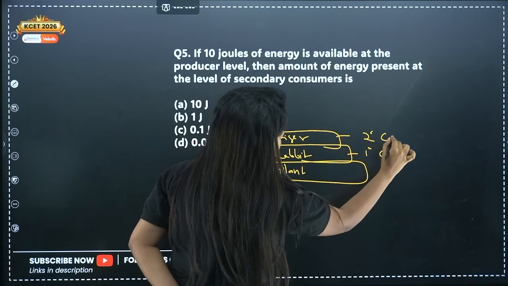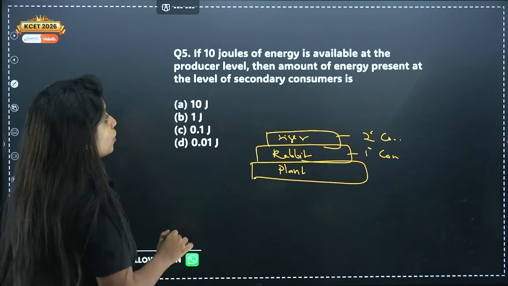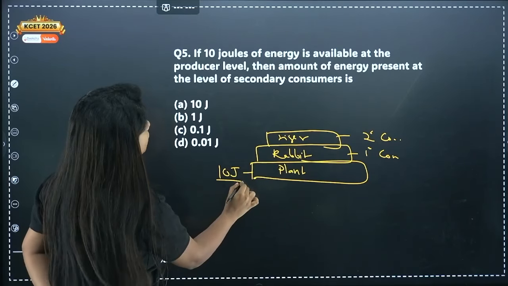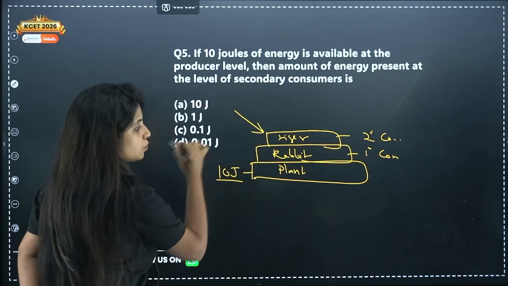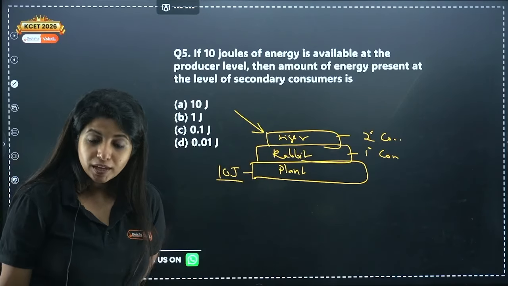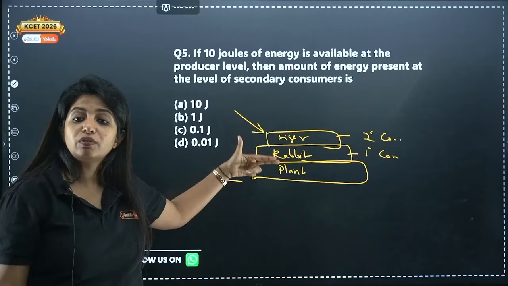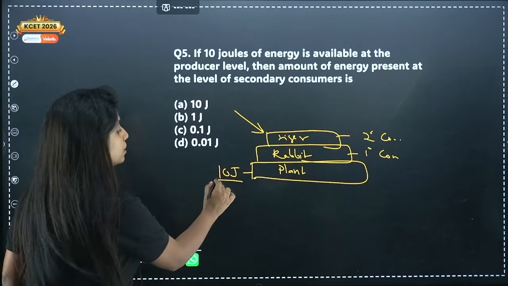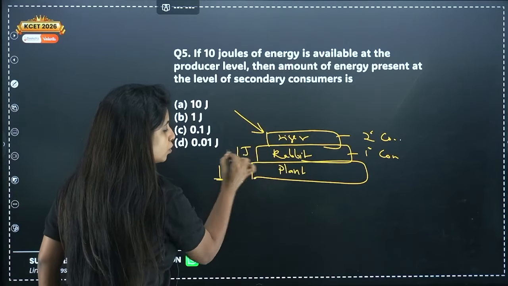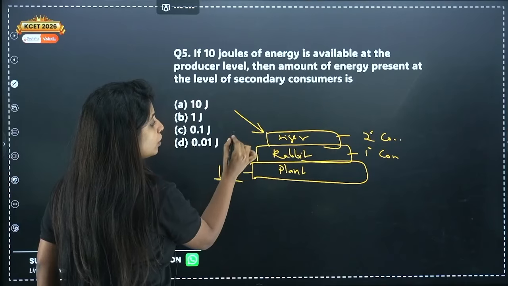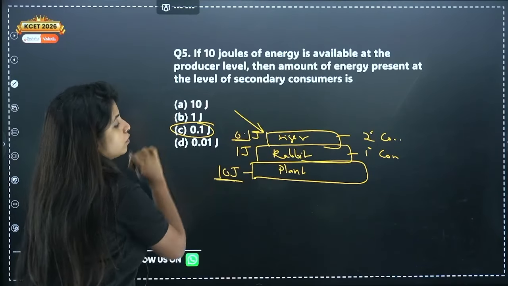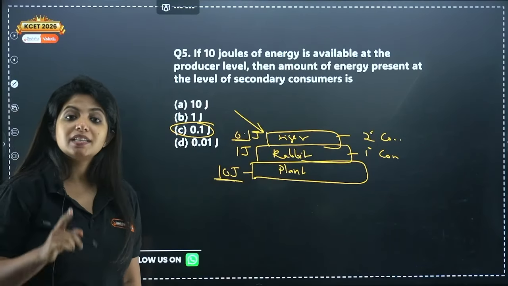You are being asked, if 10 joules of energy is there at the producer level, how much energy will be present at the level of the secondary consumer? You should know only 10% of energy is transferred from one trophic level to another. So 10% of 10 is equal to what? 1 joule over here. 10% of 1 will be what? 0.1 joule. 0.1 joule will be your answer. Remember, it's the 10% law.